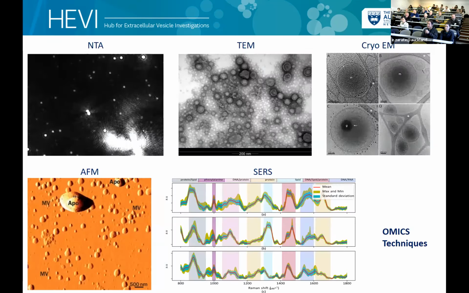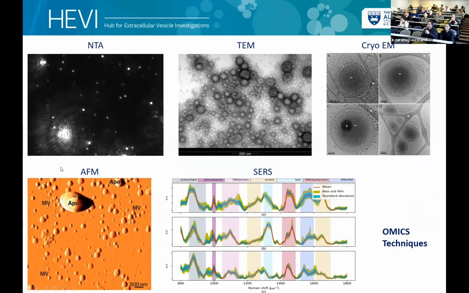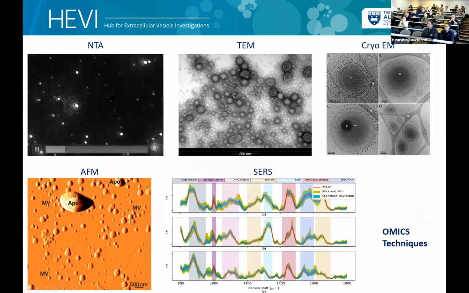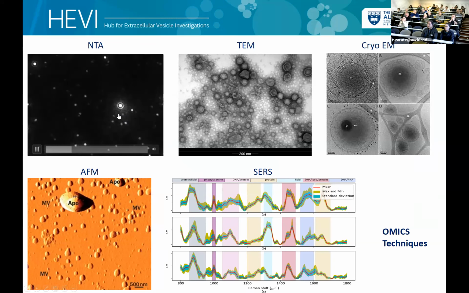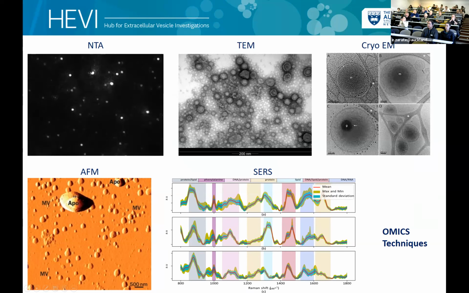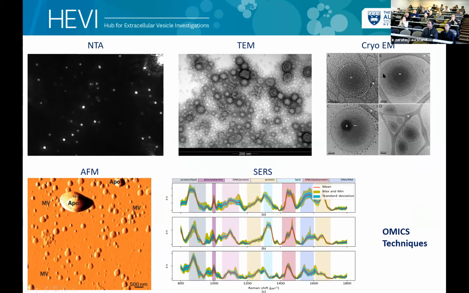And we have a lot of tools available to study how these vesicles look, and how many of them we have in the samples. So for example, with nanoparticle tracking analysis, we measure their concentrations in our samples. We look at how they appear with transmission electron microscopy or cryo-electron microscopy.